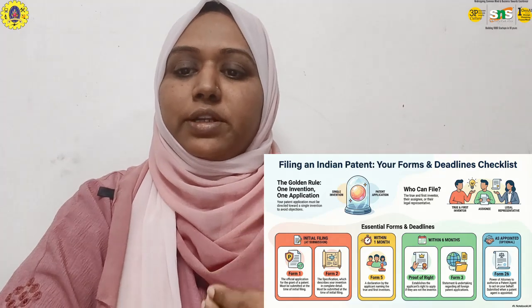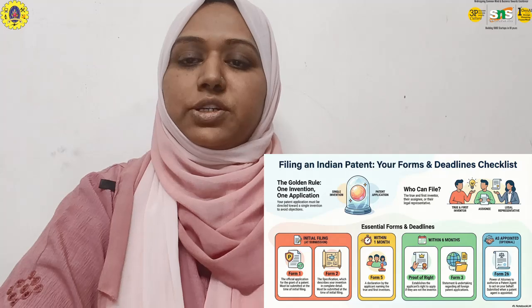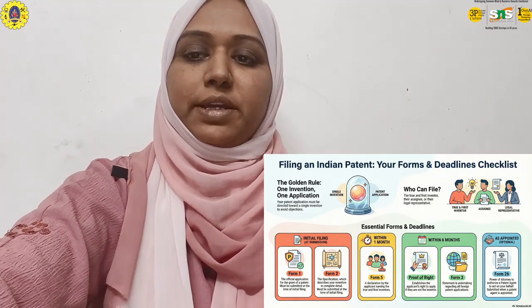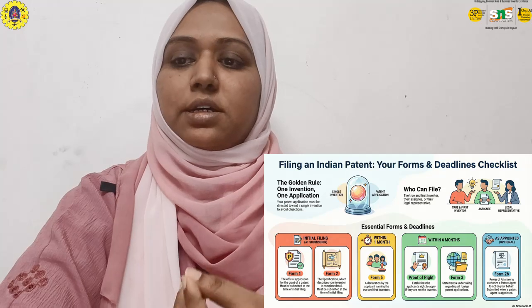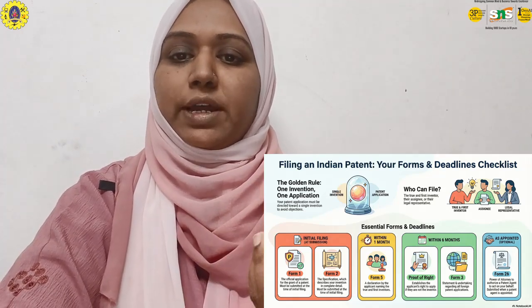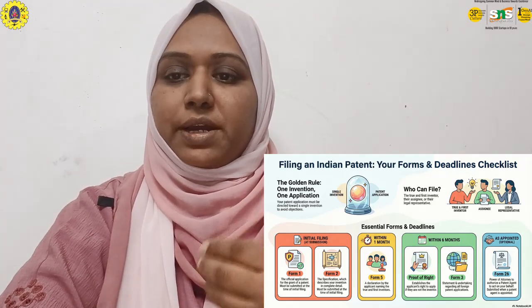Alternatively, the inventors themselves may sign Form 1, stating that the invention has been assigned to the applicant. In such cases, Form 1 itself will act as a proof of the right to apply, based on the assignment made by the inventors.